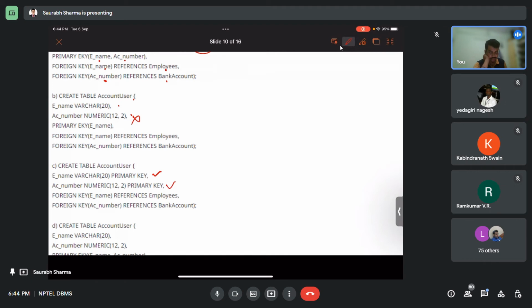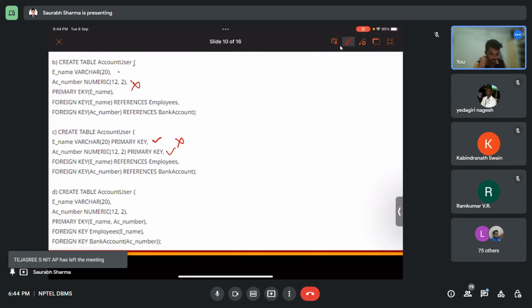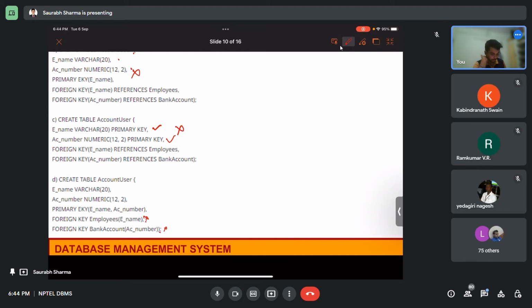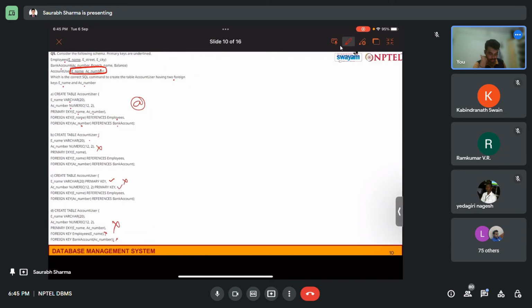This kind of declaration is invalid in SQL, so two primary keys should not be there. Then in the last option you can see a foreign key, but it is not referencing anyone. It should reference some relation, so it is also wrong. So the answer is A.